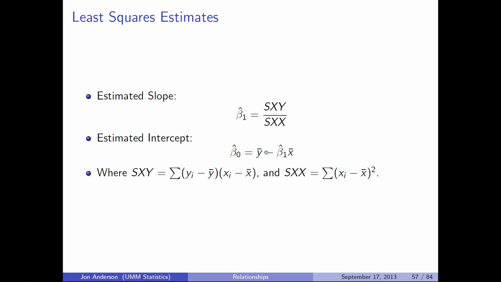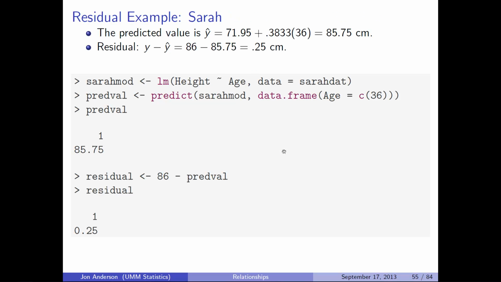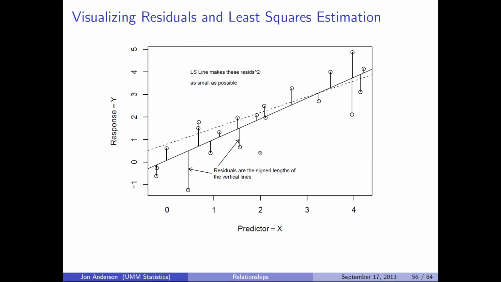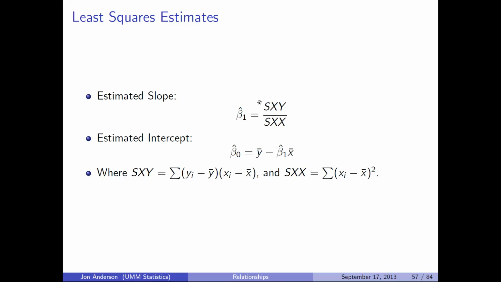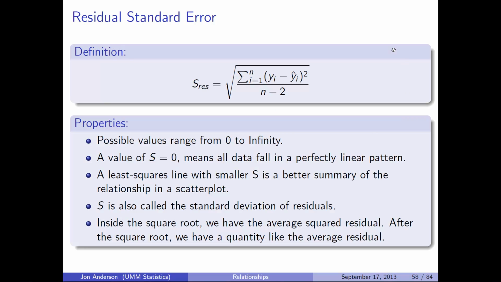And this is the estimated intercept. When you ask R to make a linear summary model like we do in the LM command, for example right here back in overhead 55, the R software is doing this kind of computation behind the scenes.